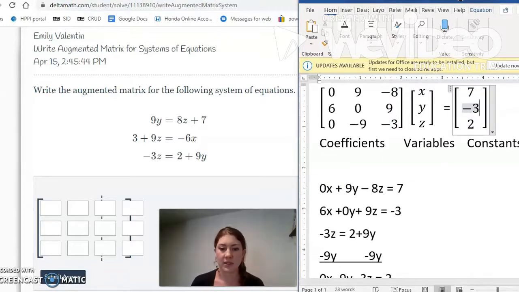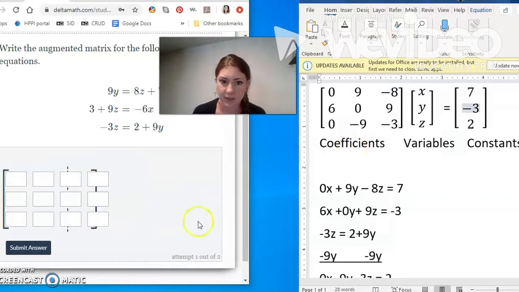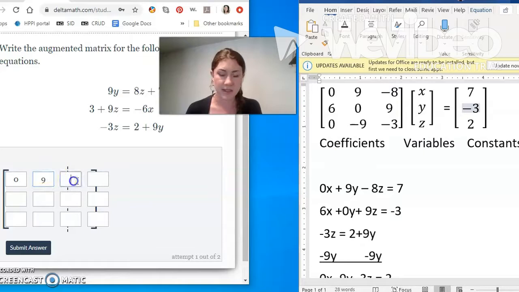Okay, so let's look at how we're going to put this into Delta Math. Make that a little smaller. So I'm going to take that 3 by 3 coefficient matrix, type it in here, and then the solution, that line, it looks a little off, so maybe this is what you guys mean by it's not looking right for you, but let's see what happens here.